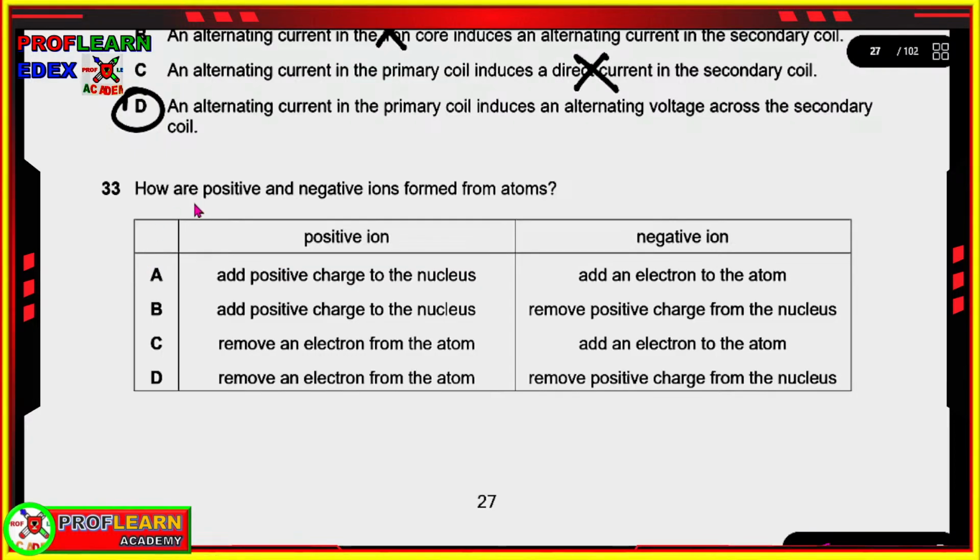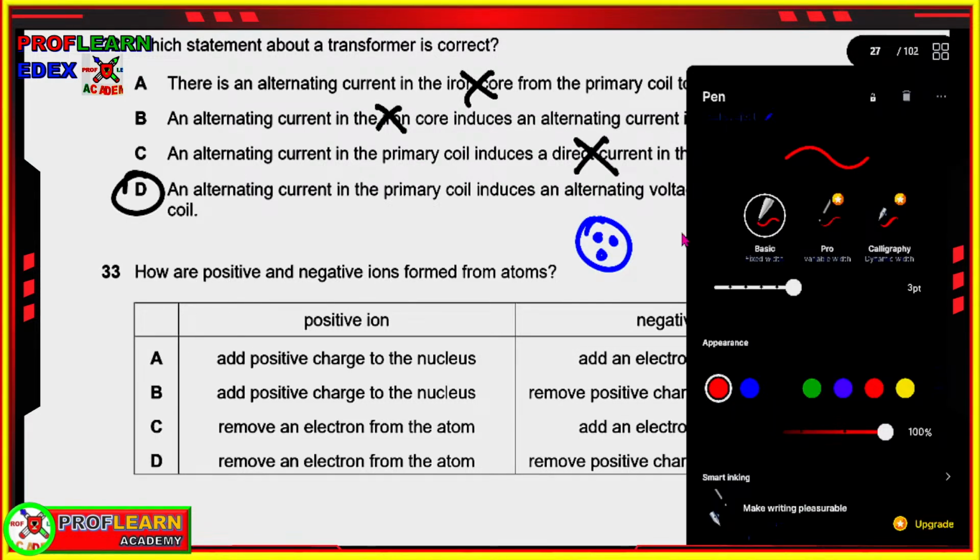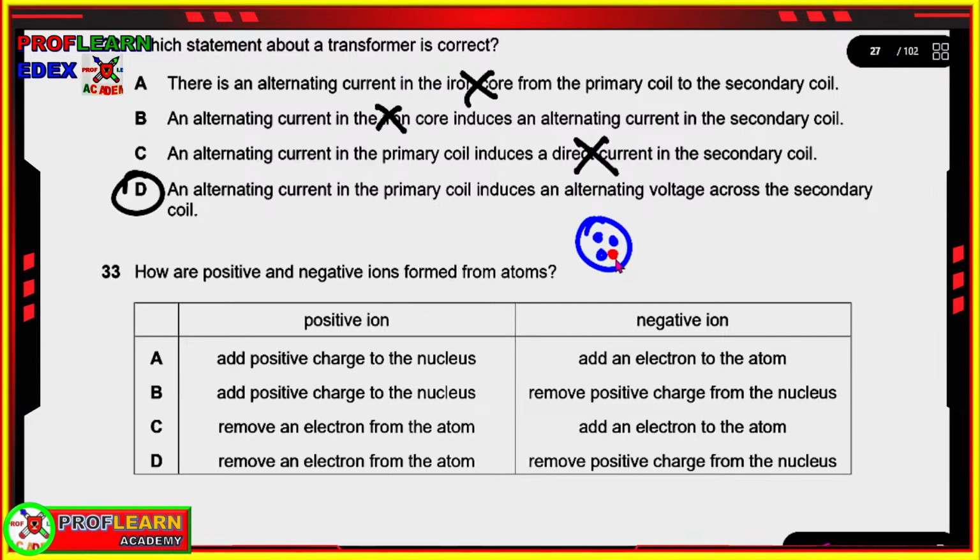How are positive and negative ions formed from an atom? If we have a neutral atom that has, let's say, three protons and 2 neutrons, then this atom should have 3 electrons.